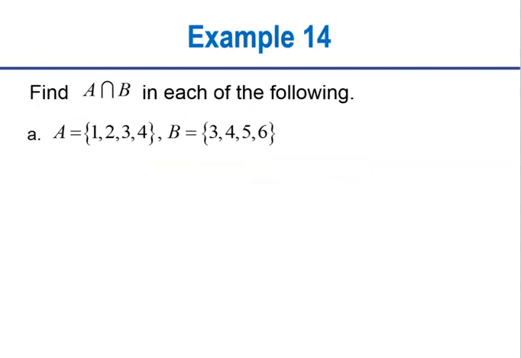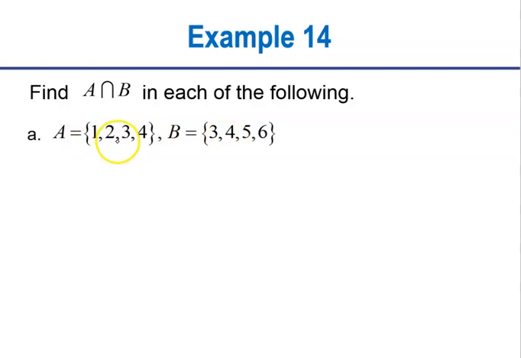So I have an example for you. Find A intersection B in each of the following. We're given the set A, which includes elements 1, 2, 3, 4, and set B, which includes elements 3, 4, 5, and 6. Now, intersection, we're talking about the values that are in both A and B. Notice 1 is in A but not in B, so that's not in the intersection.